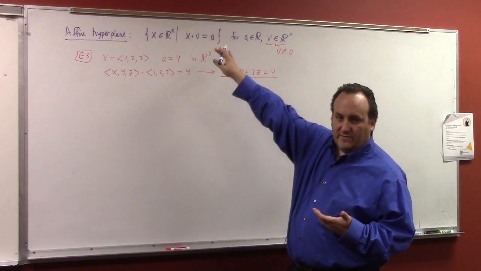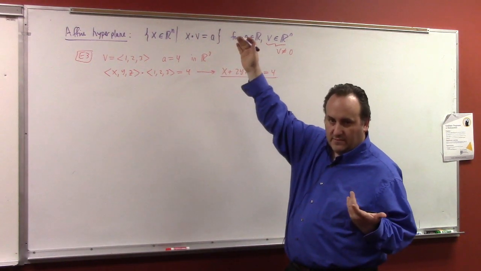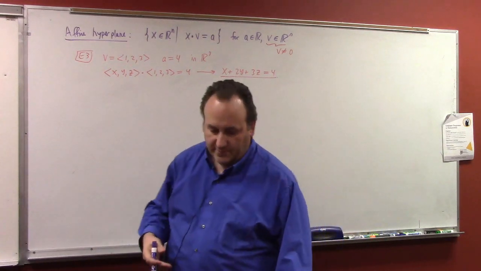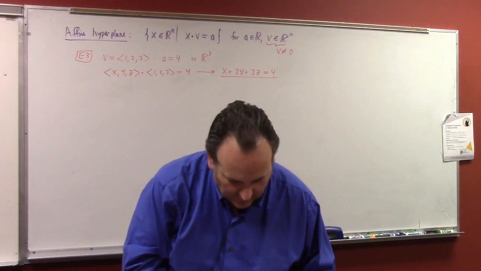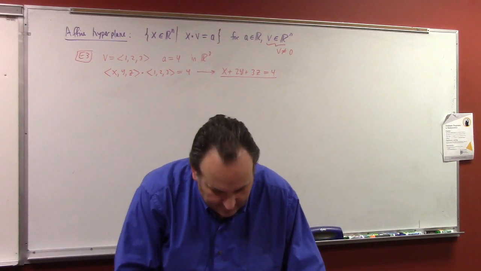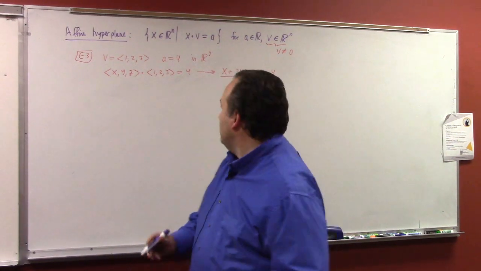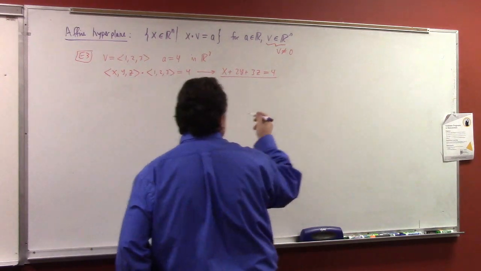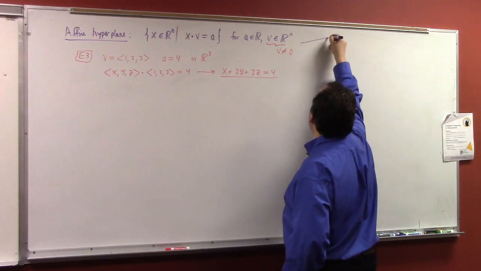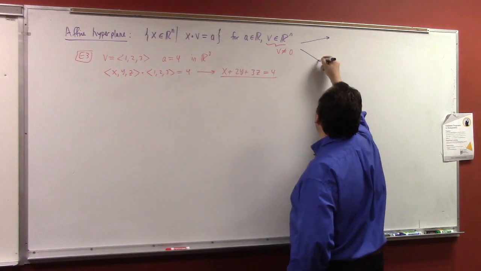But this generalizes to n dimensions. So in 2 dimensions, they're just lines, right? In 4 dimensions, they're volumes, and so forth. He says it determines 2 closed half spaces, right? So the affine hyperplane is going to give us 2 closed half spaces.